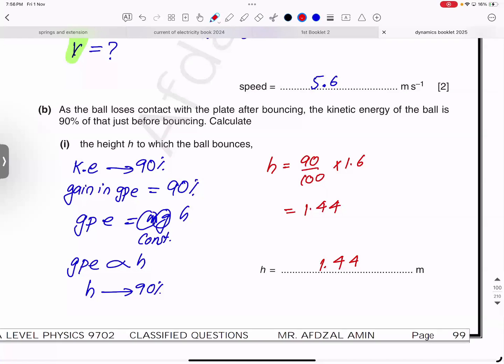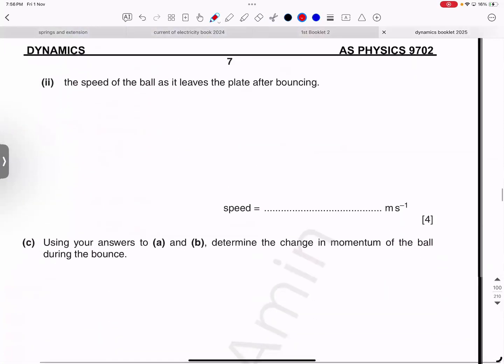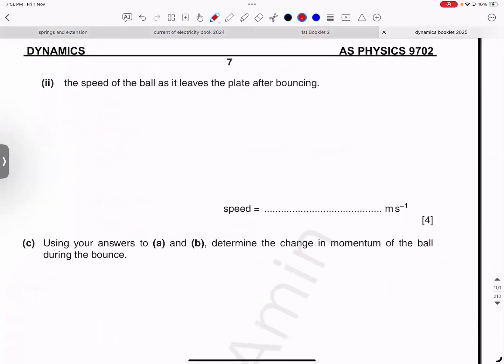When the ball is falling or rising, do you think the mass will change? No. Speed of the ball as it leaves, rebounding. As it goes to maximum height, final speed becomes 0. Acceleration of free fall, now you take negative 9.81. Initial speed we don't know, and height is 1.44.